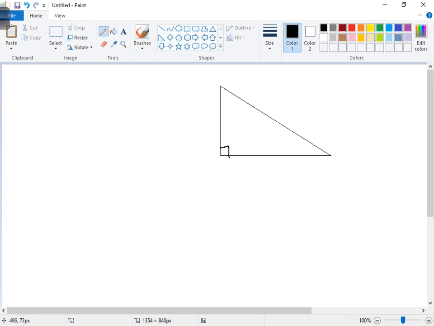We have, for example, we call it A, B, and C. This is H, this is A, and this is B. According to Pythagoras theorem, H squared, the hypotenuse, equals A squared plus B squared. This one everybody knows.